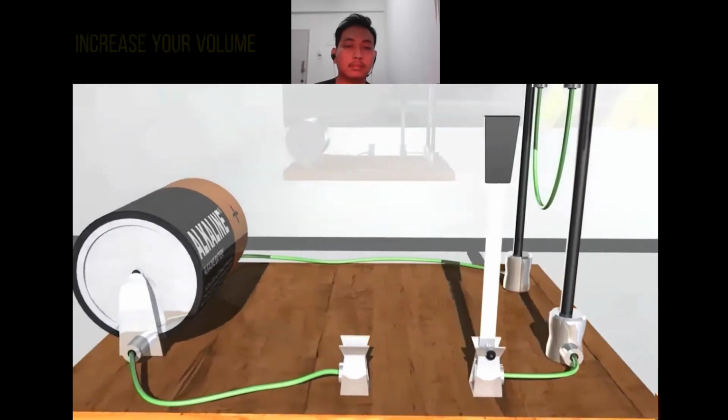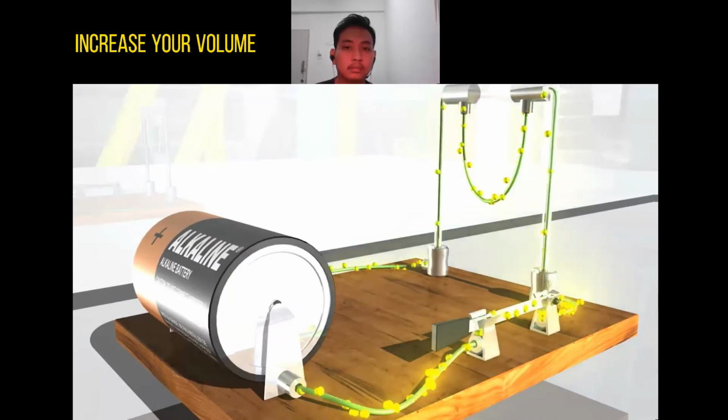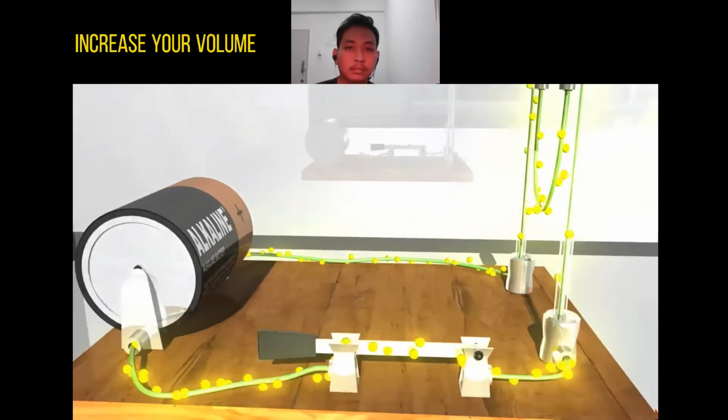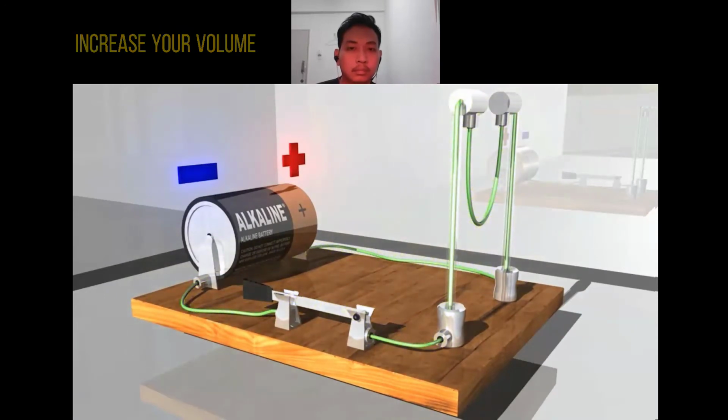Which is made up of negatively charged particles, or electrons, moving through a wire. Shown here as yellow particles, electrons move from negative to positive. However, the convention is to think of electrical current as moving from positive to negative. So that's how we'll show it here using red particles.